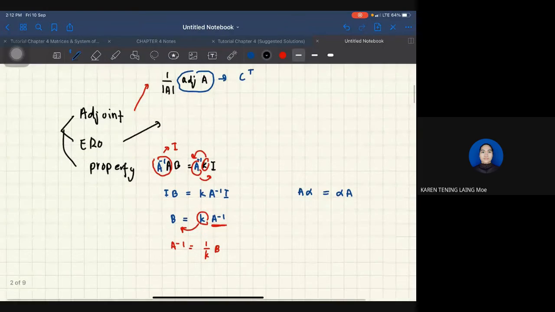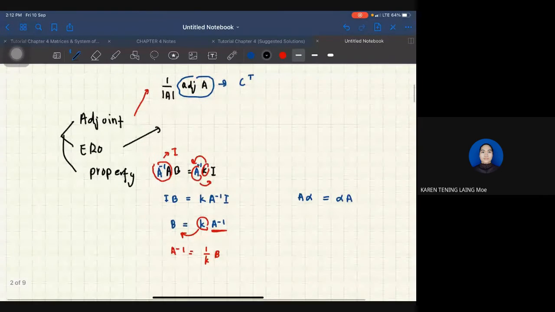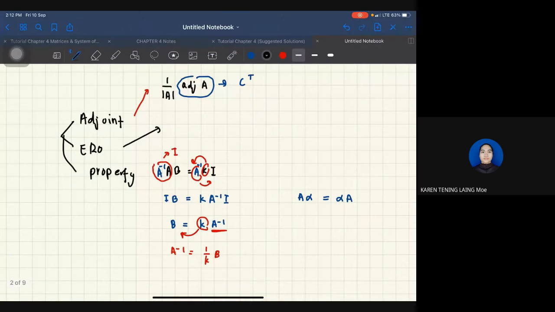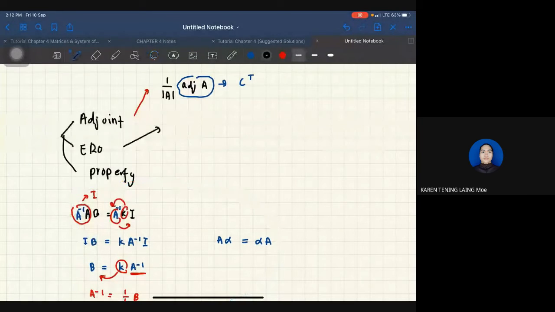Alright, so kalau ERO, cuba dulu awak explain apa yang awak faham daripada ERO method ni. Macam mana awak nak cari inverse matrix daripada ERO? What are the steps? Boleh interchange.